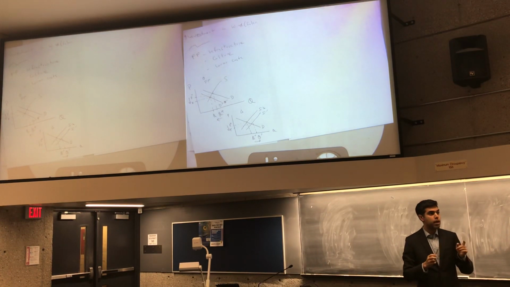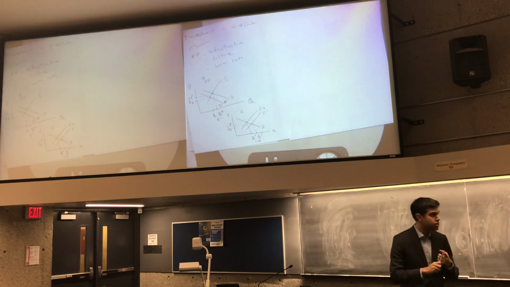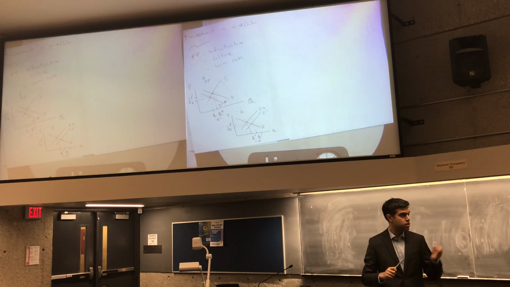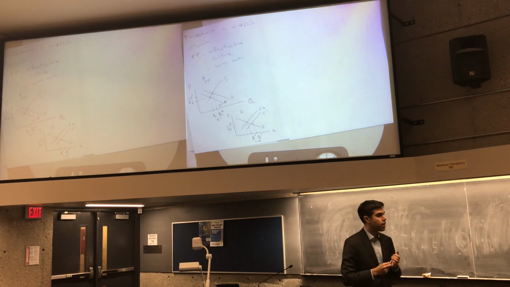Well, quantity supplied changes when either the demand changes or the supply changes. So the quantity supplied would change. What would cause it to change?